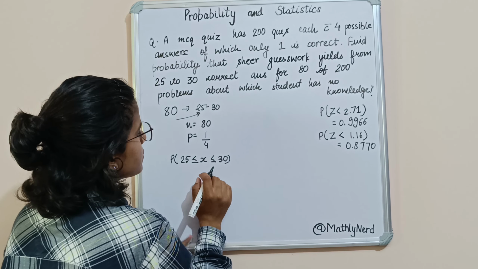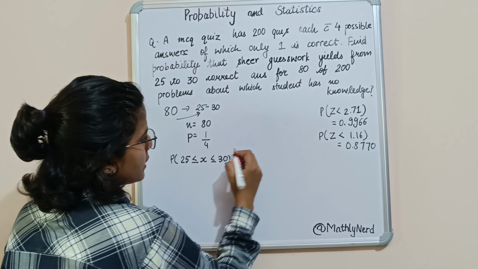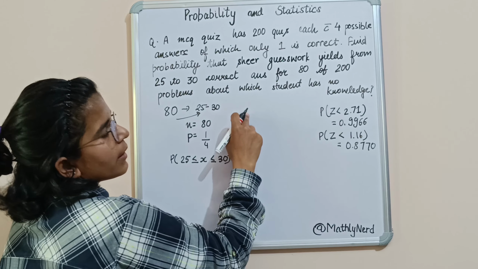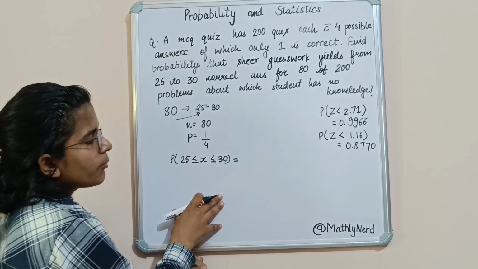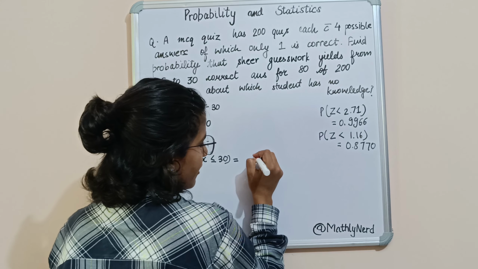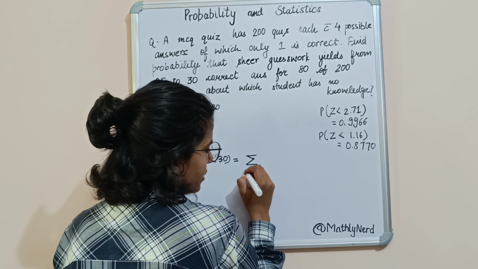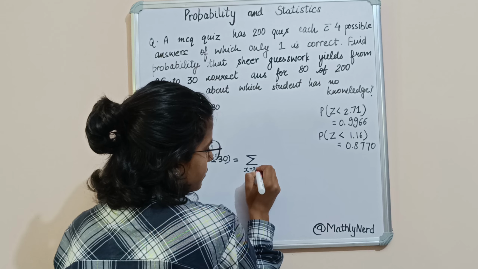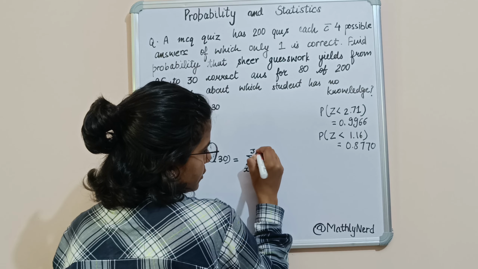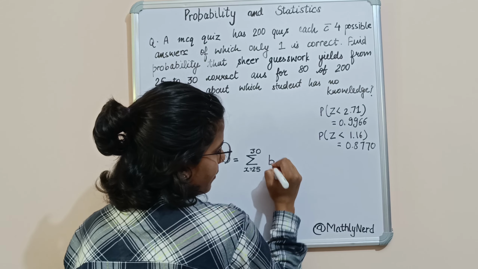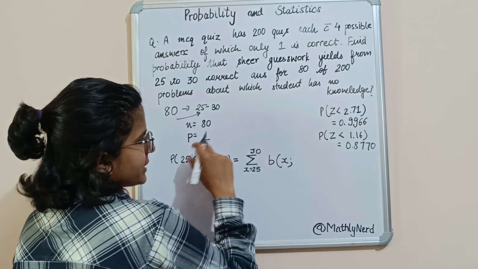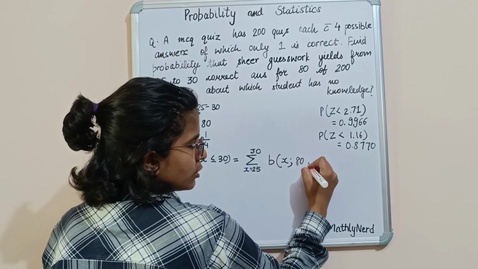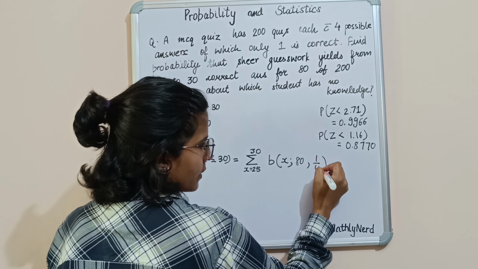As we know, guessing an answer will follow a binomial distribution. So this will be equal to the summation for x equal to 25 to 30 of b(x; n, p), where n, p are the parameters. n is 80, p is 1 by 4.